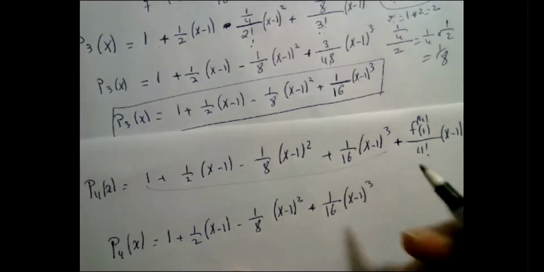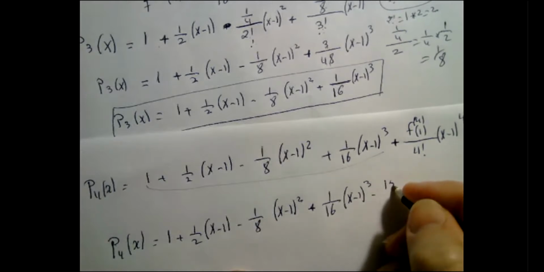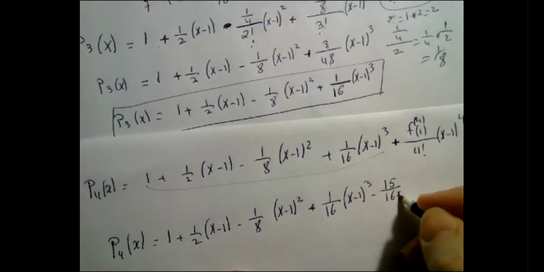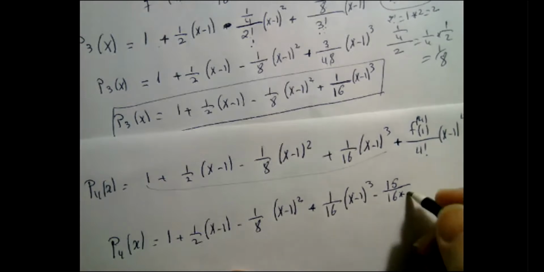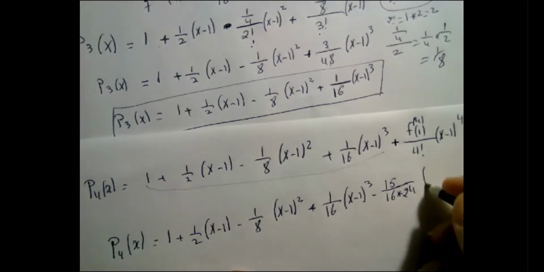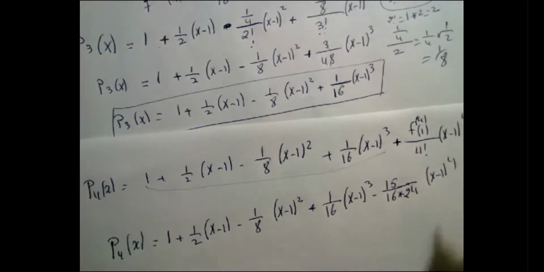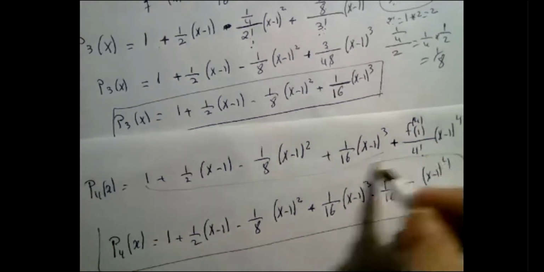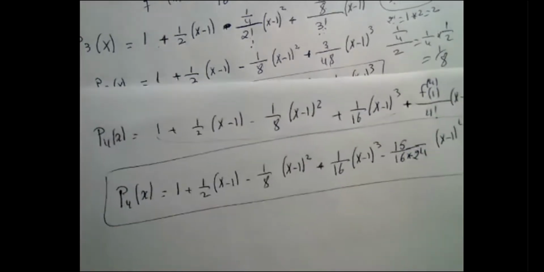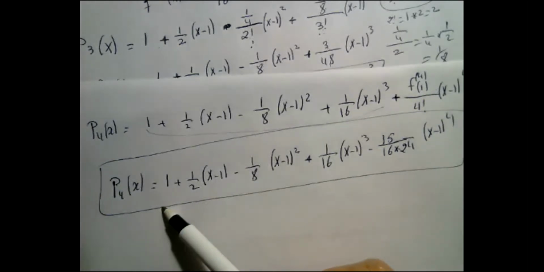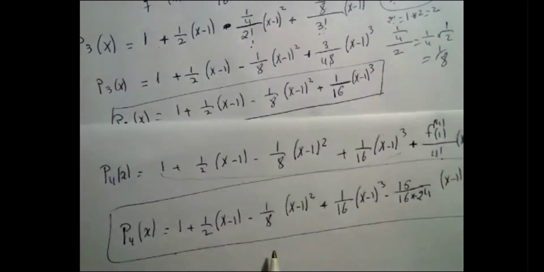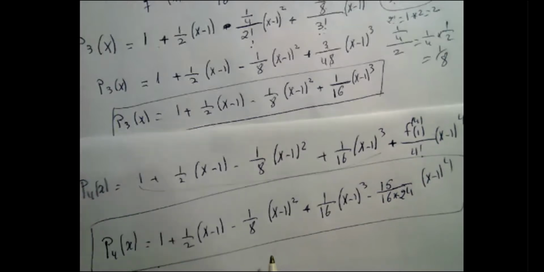The fourth degree was minus 15 over 16 divided by 4 factorial. 4 factorial is 1 times 2 times 3 times 4, 6 times 4, 24, times (x minus 1) to the power 4. And this gives me the 4th degree Taylor polynomial, okay? Which, as we will see on the graph, actually approximates the function better than the first, better than the second, and better than the third.